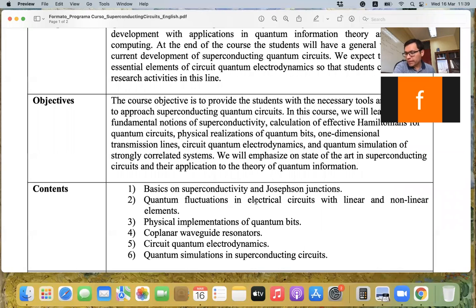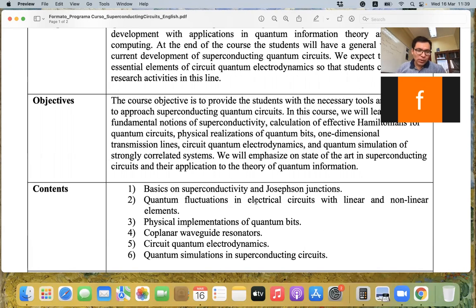For that we will see the technical details later, but at those temperatures, in comparison with the typical energy scales in the level structure of the circuits, you will see that we will reduce thermal noise, and then the circuit will behave in a quantum mechanical way.